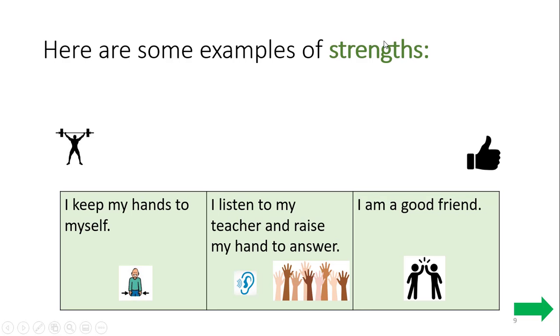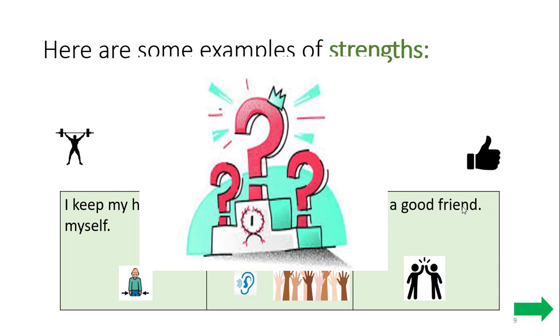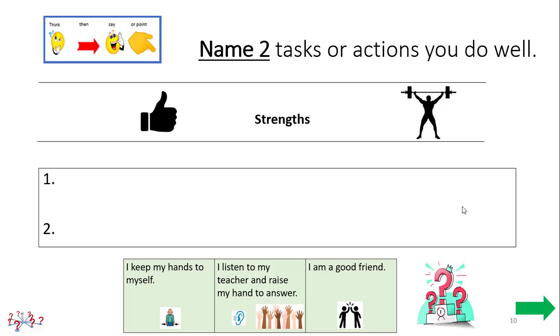So here's some examples of strengths that you might have in a classroom. I keep my hands to myself. I listen to my teacher and raise my hand to answer. And I'm a good friend. There may be others. I would like for you to think about it right now and name 2 tasks or actions that you do well. You can think of other strengths, or you can use the ones I've given you here.